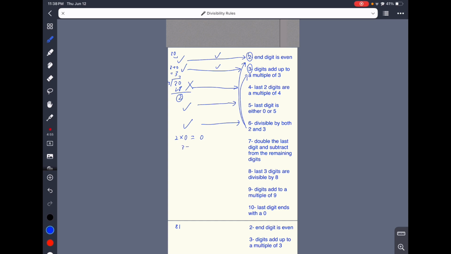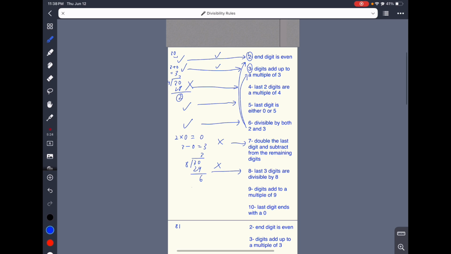So 3 minus 0 equals 3, and 3 is not divisible by 7. For 8, the last three digits would be 030, so let's see if 30 is divisible by 8. As you can see here, 8 fits into 30 3 times, with 6 left over, so it is not divisible by 8.